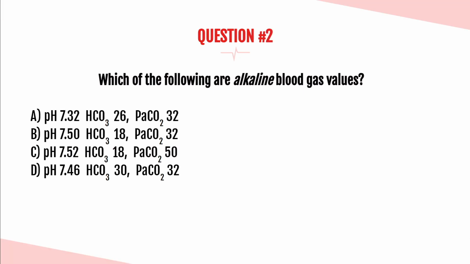Question number 2. Which of the following are alkaline blood gas values? Is it A, a pH of 7.32, HCO3 of 26, PaCO2 of 32, B, a pH of 7.50, HCO3 of 18, and a PaCO2 of 32, C, a pH of 7.52, HCO3 of 18, and a PaCO2 of 50, or D, a pH of 7.46, HCO3 of 30, and a PaCO2 of 32.